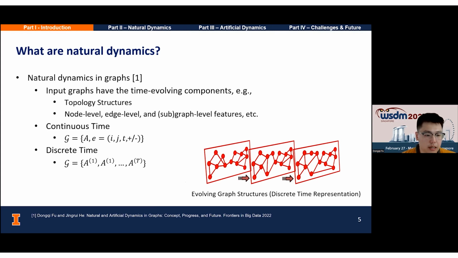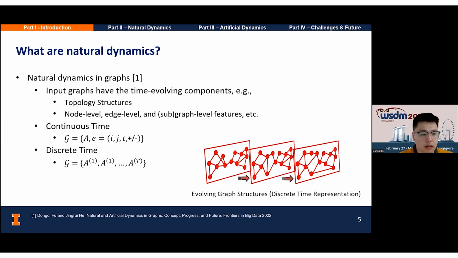For continuous time, this is not a very big problem because we do not need to store the adjacency matrix with a certain dimension at each time step. We just store the node-level and edge-level insertion or deletion during the evolving of graphs. So based on the tutorial, we have introduced several works. Some of them are based on discrete time, and some are based on continuous time.